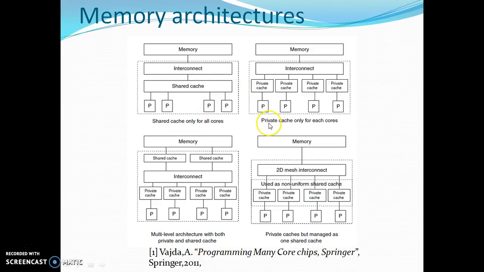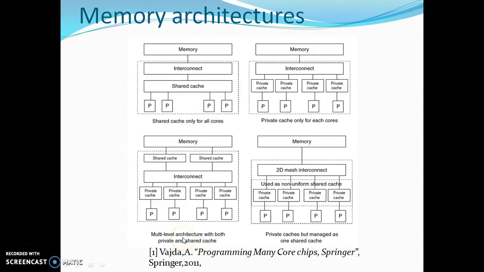But on the contrary, in the private cache architecture, there is a private cache present for each processor. In this architecture, there will be more delay. But in this architecture, the data access will be fast, as the processor will be requesting data from its own private cache, not from the shared cache.